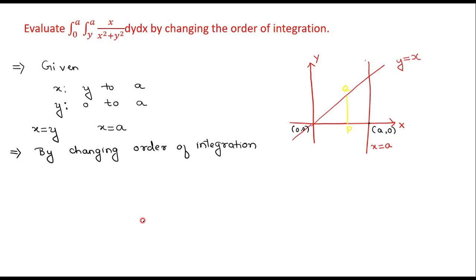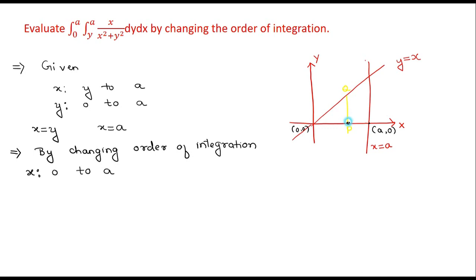So y limit will be 0. Taking the x variations, x varies from 0 to a. So the limits of x are from 0 to a. Here they have given the horizontal strip, we need to take a vertical strip and find the limits of y.